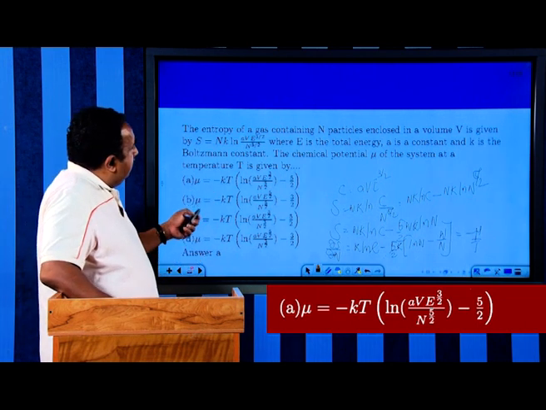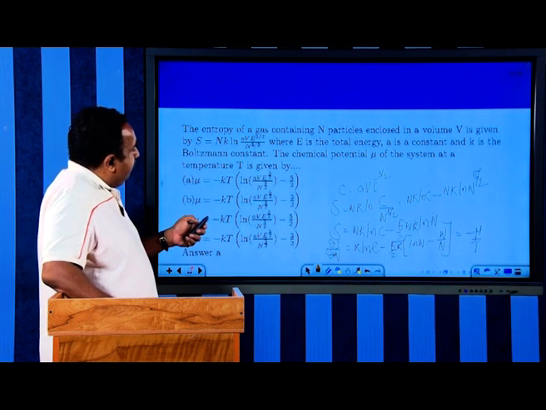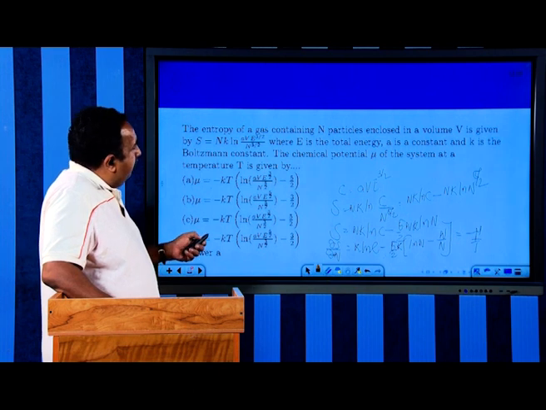This is one of the example, a very good example for finding out the thermodynamics of a given system using microcanonical ensemble.